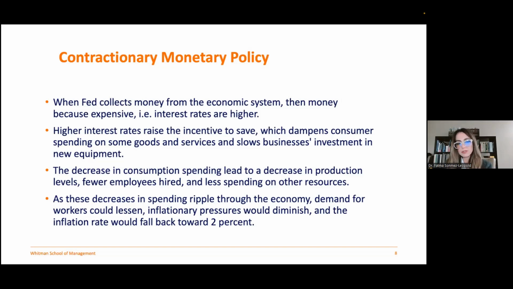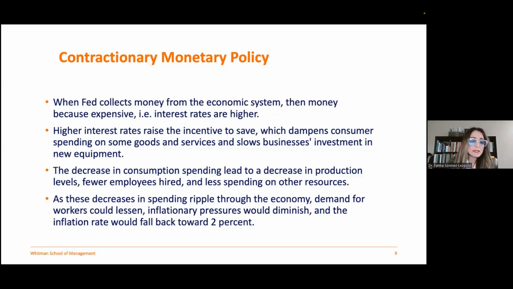lower our consumption on goods and services, and businesses start not investing in real investment because money is now more expensive. So the decrease in consumption leads to a decrease in production, and clearly businesses do not need that many workers, so they hire fewer people, so that will lower employment, and there is less spending on other resources.